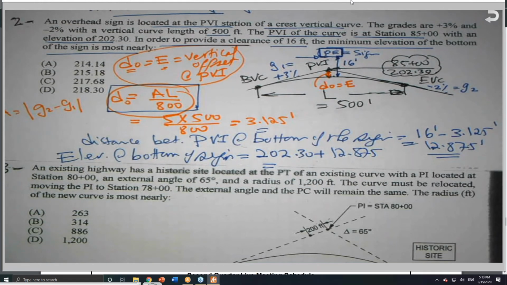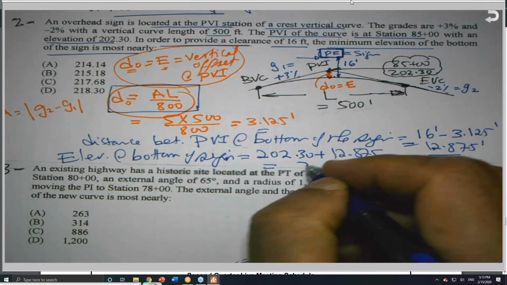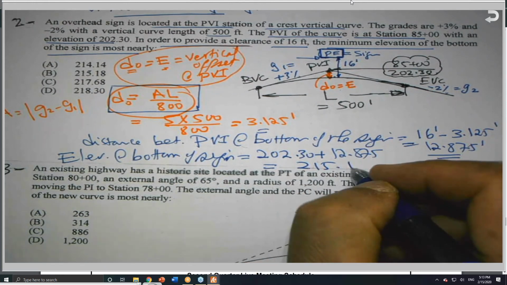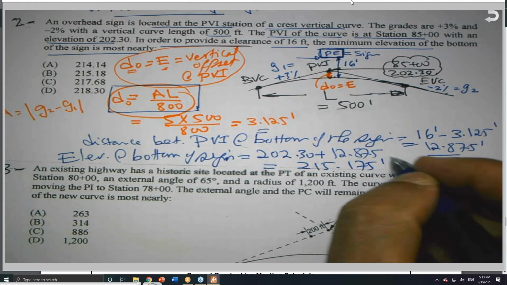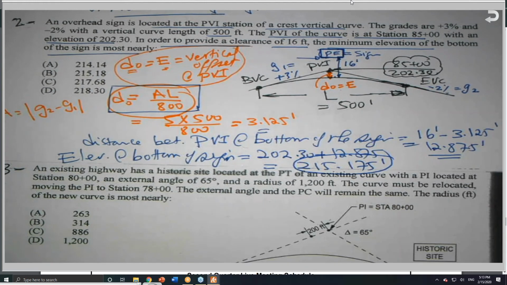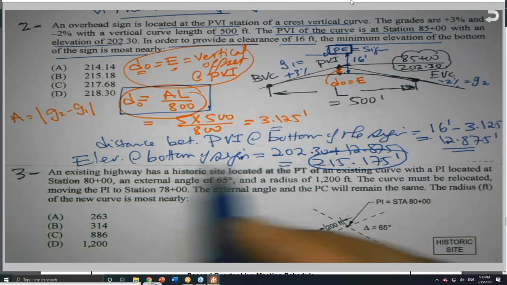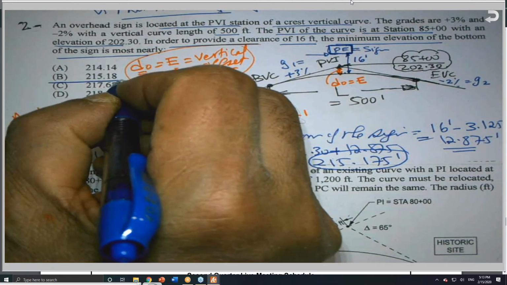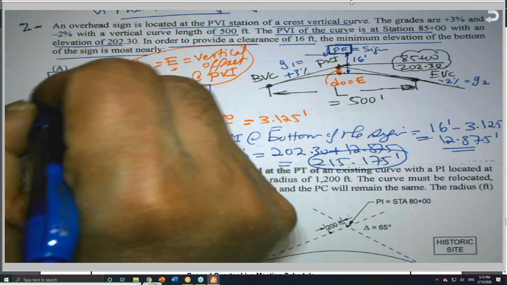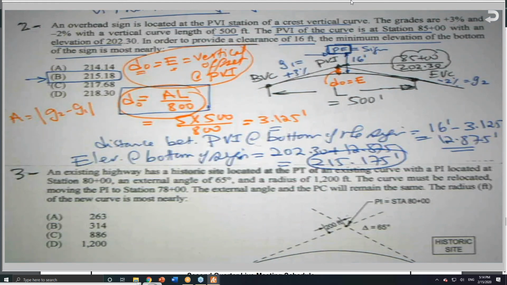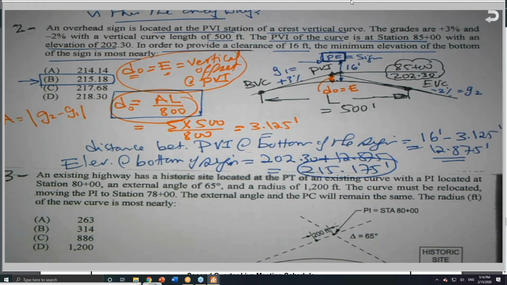If you do that, I get 215.175 feet. This will give me 215, the closest, and the answer is B as in boy. Any question about this?